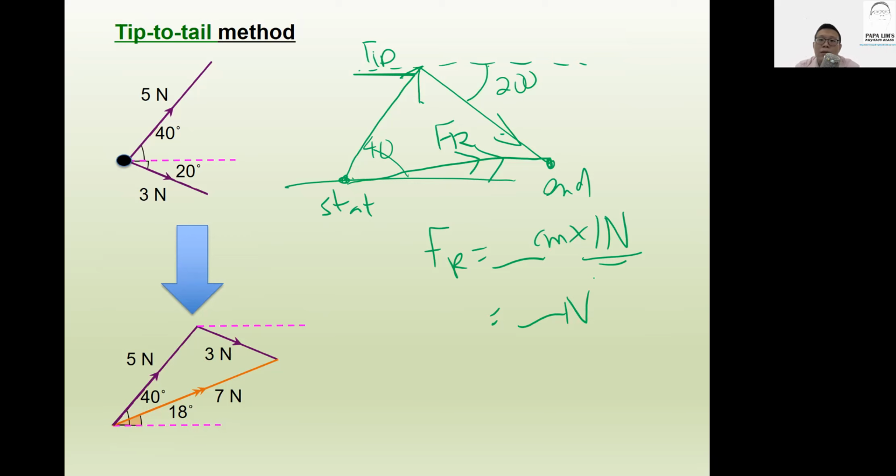If you want a detailed example of tip to tail and parallelogram, I have one video made just focusing on these two methods. I'll put it in the playlist in chapter 3. You can refer to it when you are ready to tackle this section.